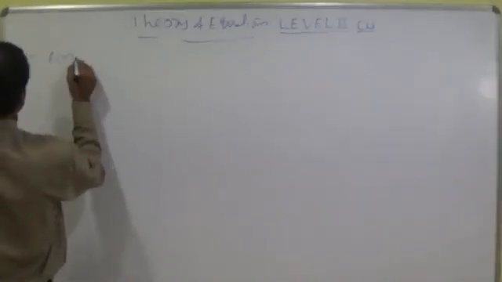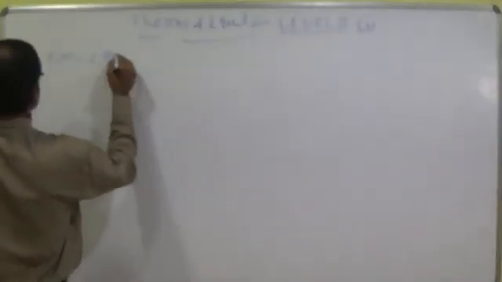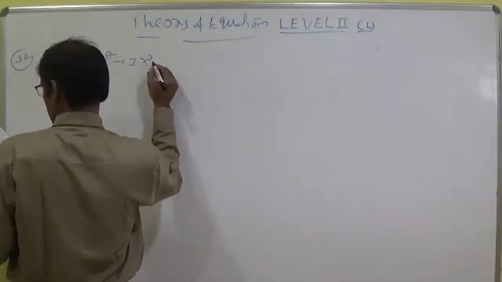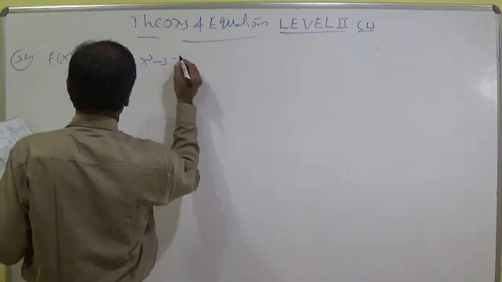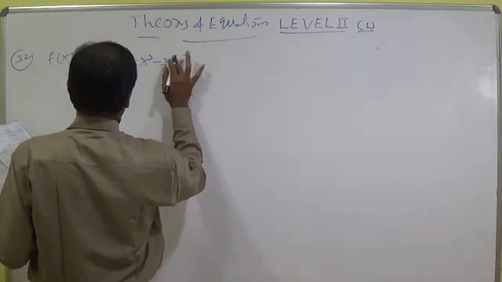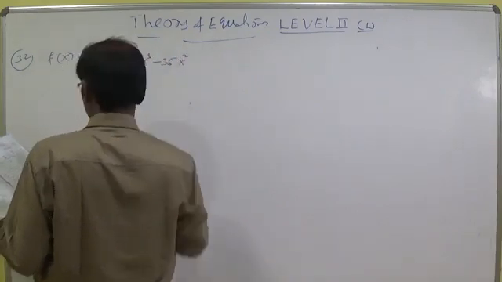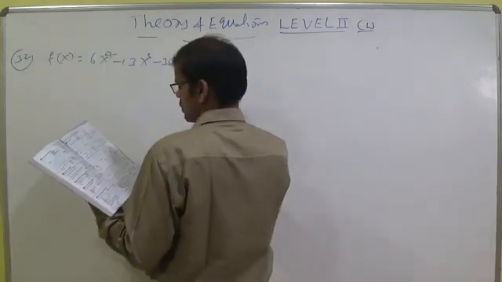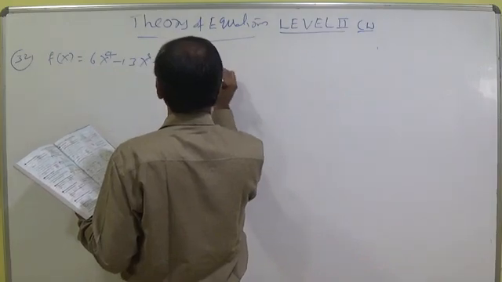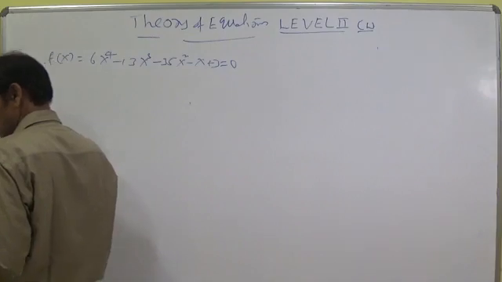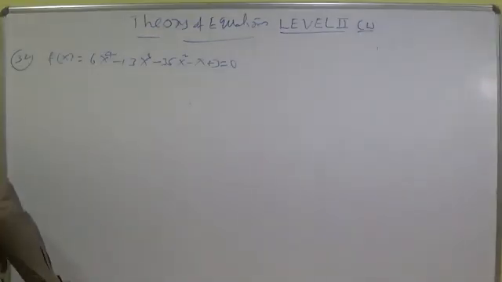F of x, I am writing this one: f of x equal to 6x power 4 minus 13x cube minus 35x square minus x plus 3 equal to 0. 2 plus root 3 is a root.